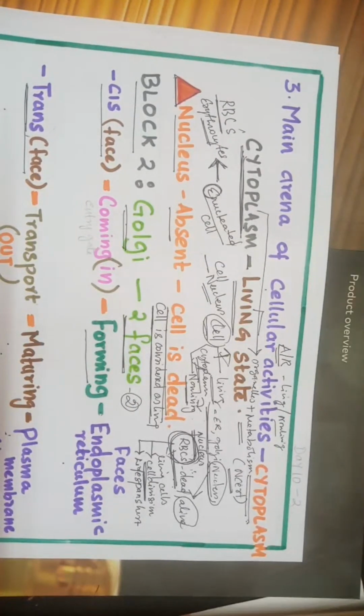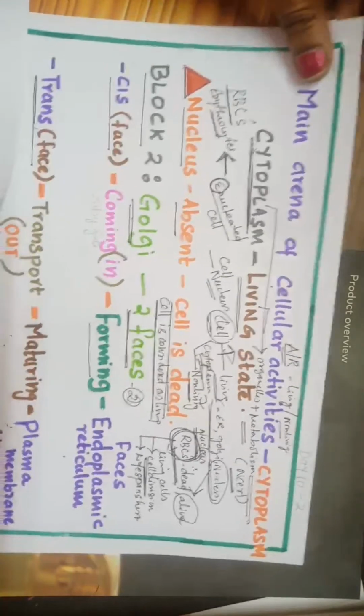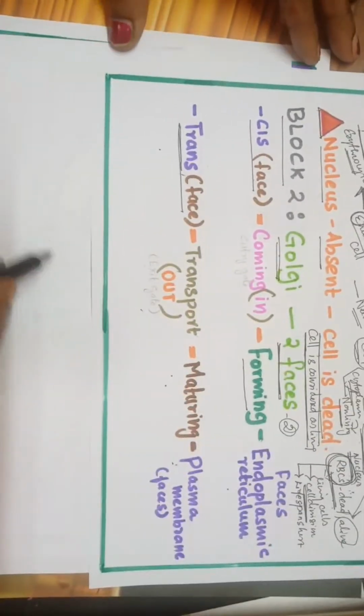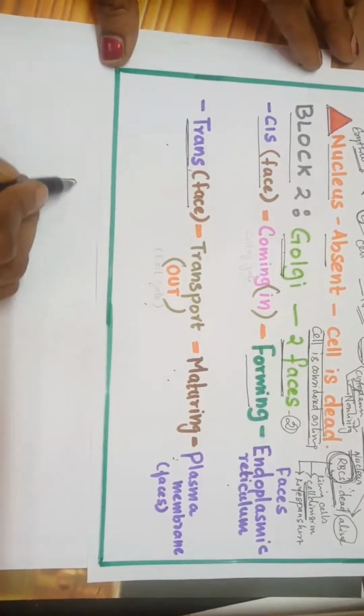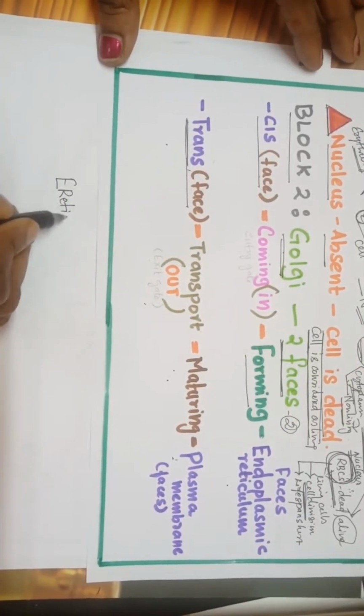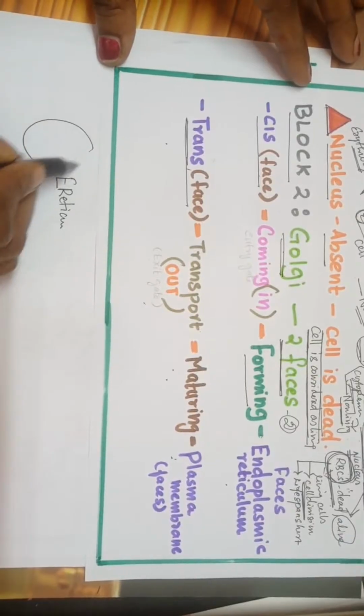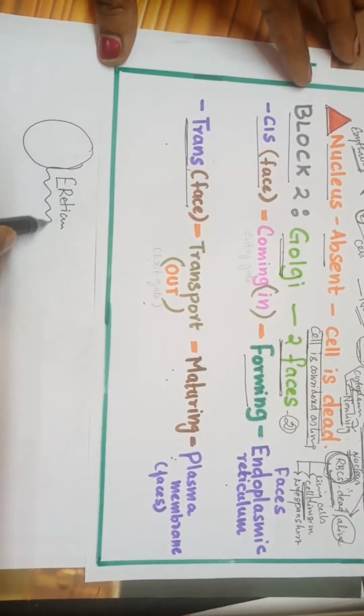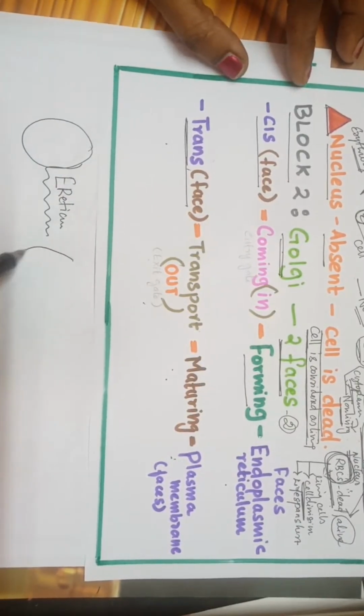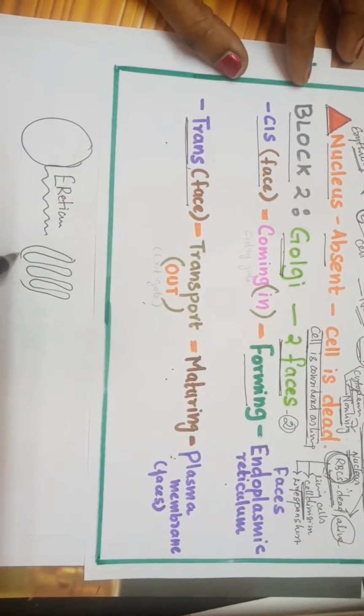I will explain now. See, you have the endoplasmic reticulum. This is the nucleus, and you have the endoplasmic reticulum which extends. And close to this you will have the Golgi. Don't look at the diagram, this is just a pictorial representation.